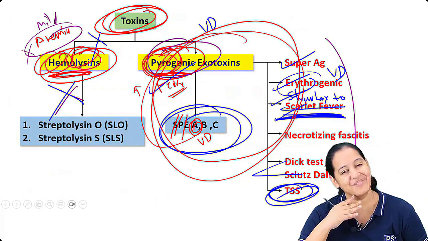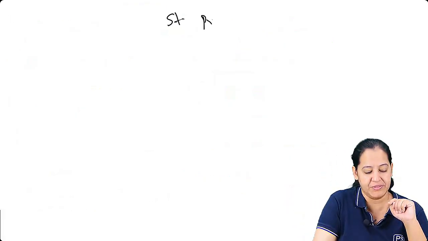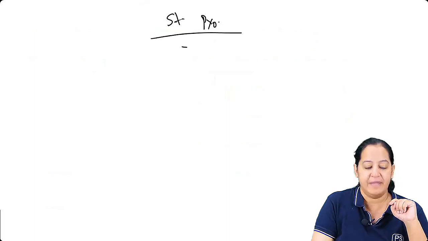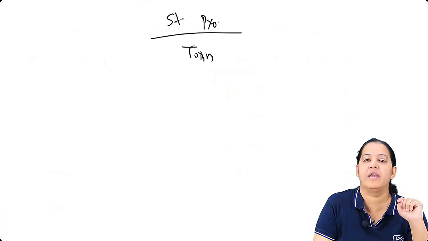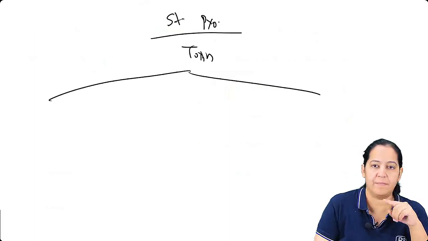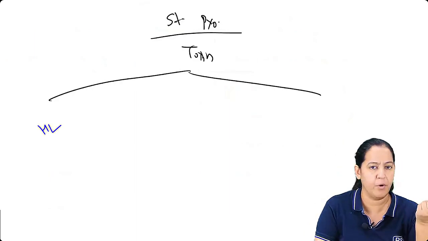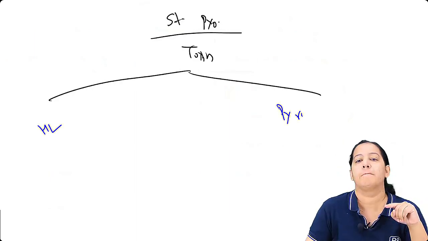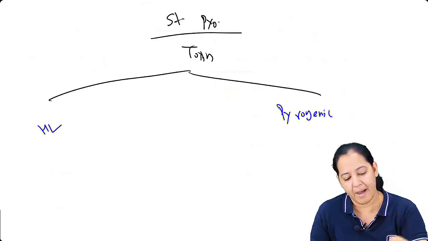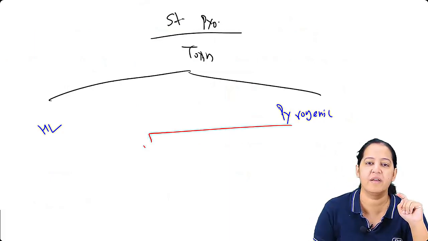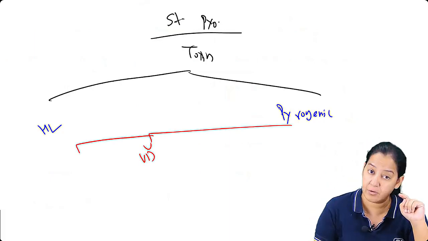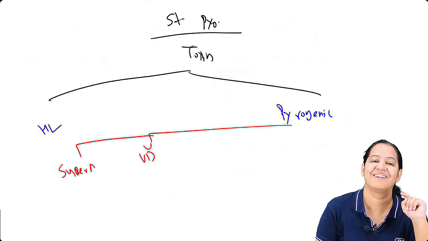So we are done with the toxins. I am teaching you Streptococcus pyogenes. I taught you two types of toxins. One is hemolysin, not important. Second is pyrogenic toxin, many important things. Number one, it is a super antigen.